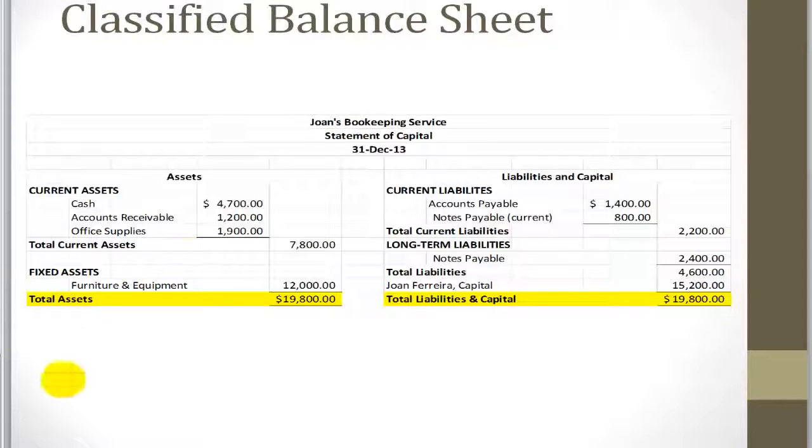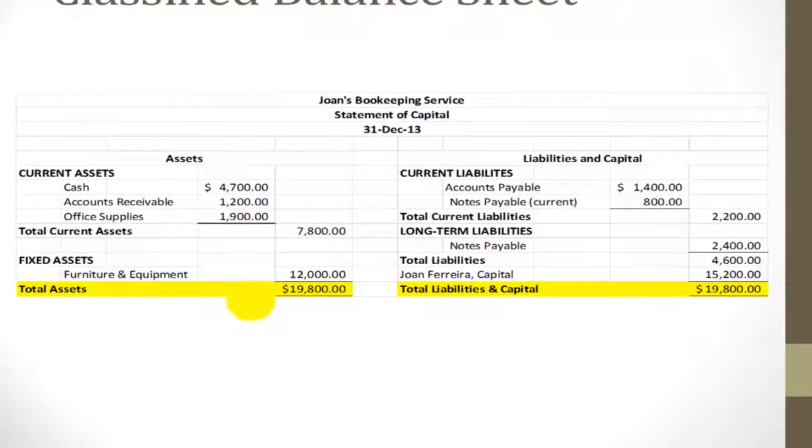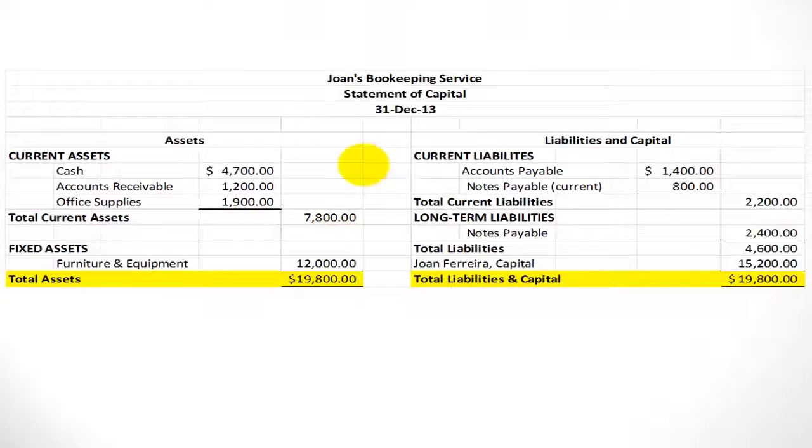So here we have the classified balance sheet, which is exactly the same balance sheet we had before, but in this case, it breaks down the assets and the liabilities further into different sections. So we have current assets and long-term assets, and here we have current liabilities and long-term liabilities.